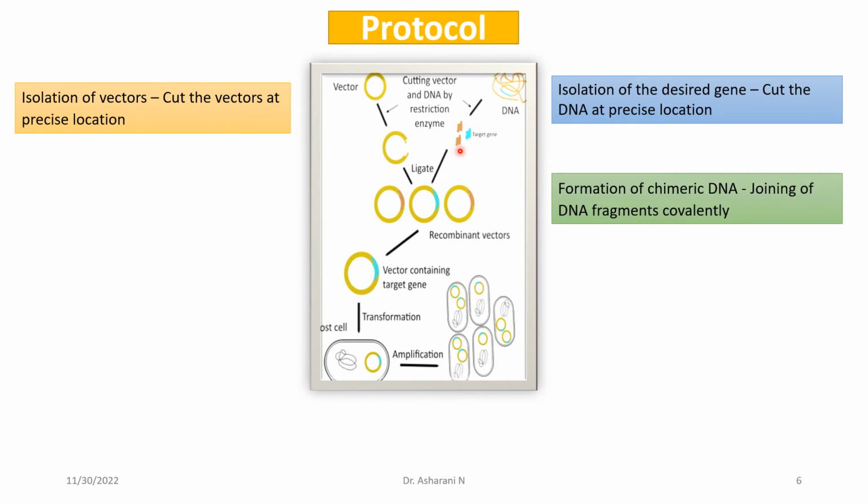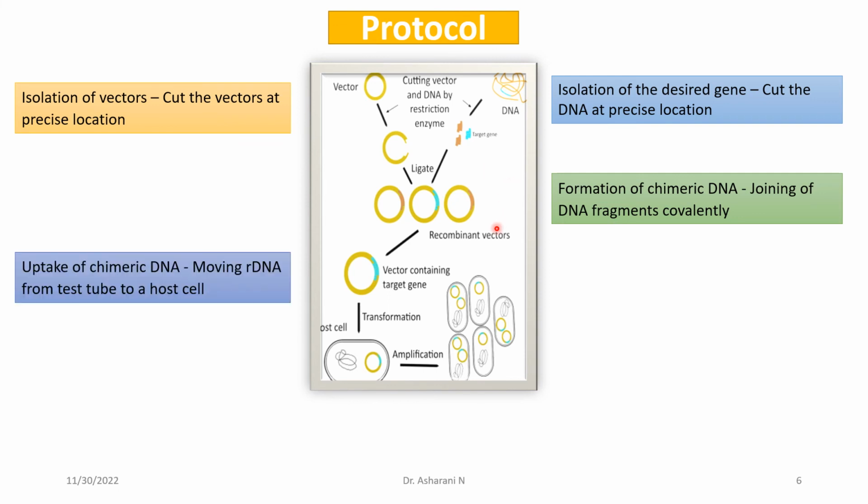In the third step, both these fragments are joined end to end by the enzyme ligase, and the resultant product is a recombinant vector, which is nothing but a hybrid DNA or chimeric DNA, otherwise called recombinant DNA. This hybrid DNA is introduced into the host cell.